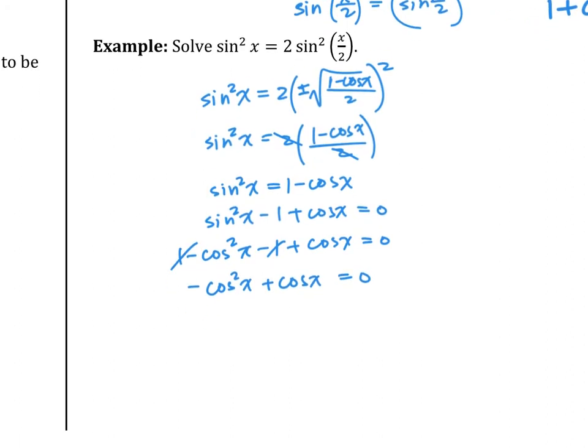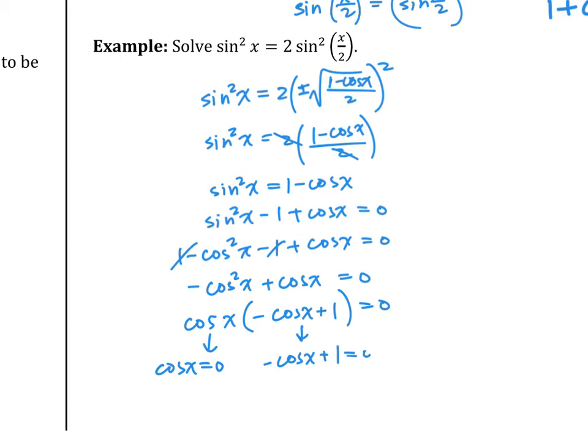And then I can see that cosine is repeating, so I'm going to factor out cosine. So cosine times negative cosine plus 1 equals 0. All right, that's good. We're in factored form. I'm sorry, I put a squared in. Okay, so that means this is equal to 0, or this is equal to 0. So that's 1 equal to cosine.